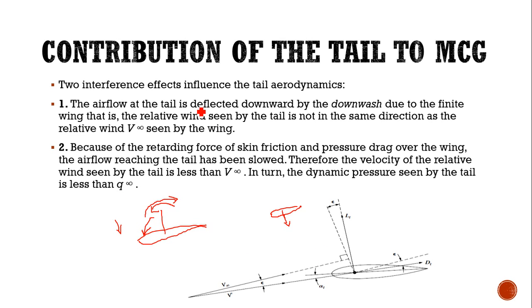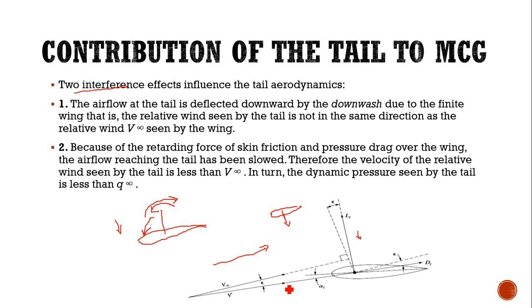So here we have two interference effects that influence the tail aerodynamics. One is due to the downwash: the airflow is deflected, and the direction of the relative wind over the wing is not the same at the tail of the aircraft, because of the downwash.